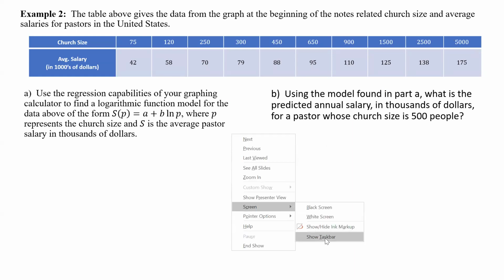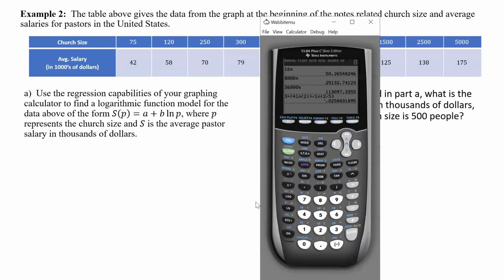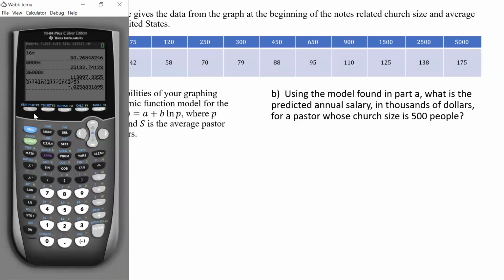I'm going to open my handy dandy calculator. I'm going to reset. So I'm going to put second plus 712. Second plus 712. I'm going to go to stat, edit, and I'm gonna put in my values.